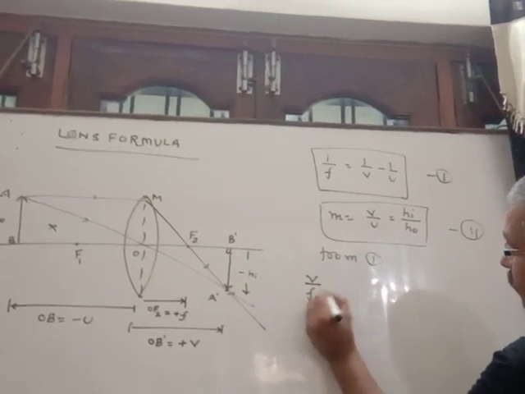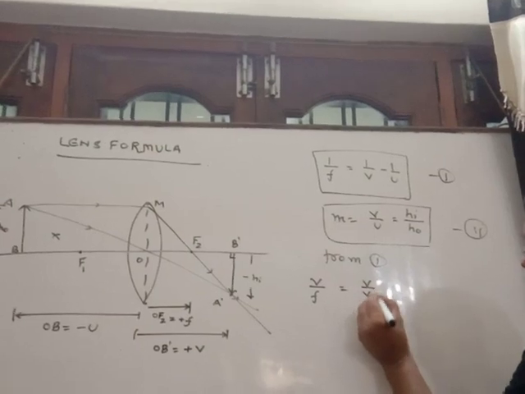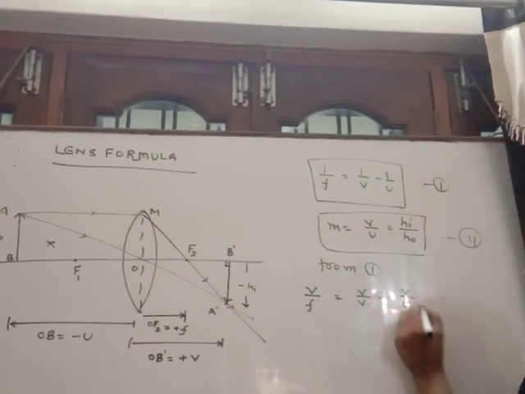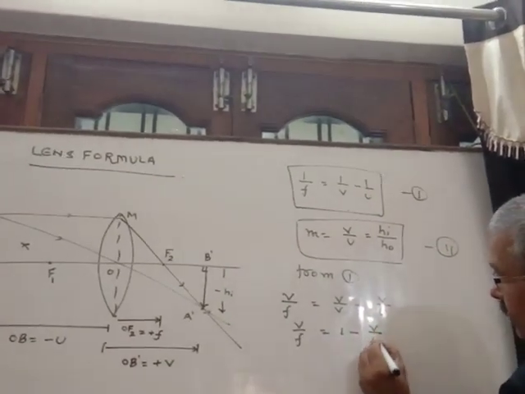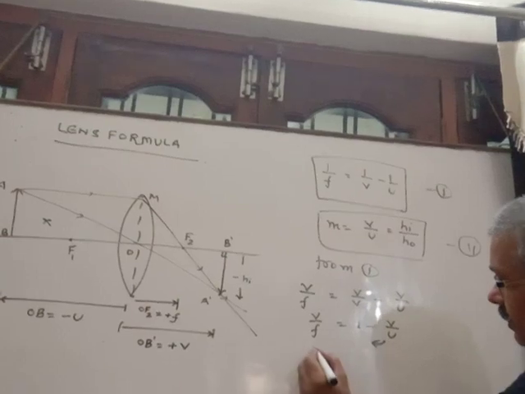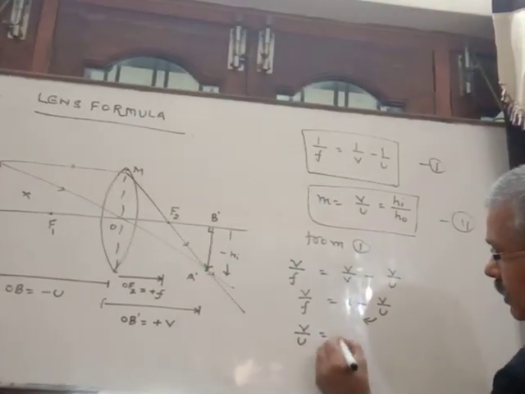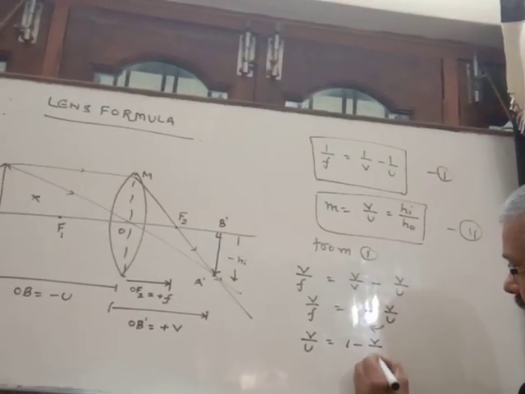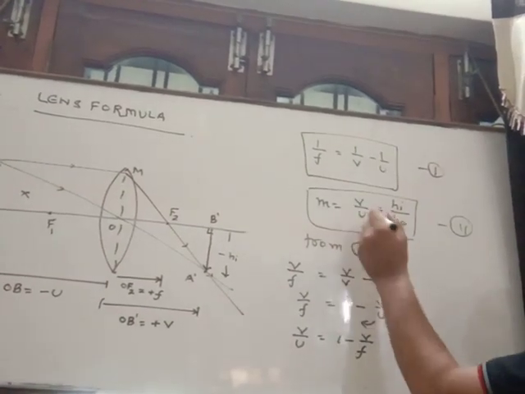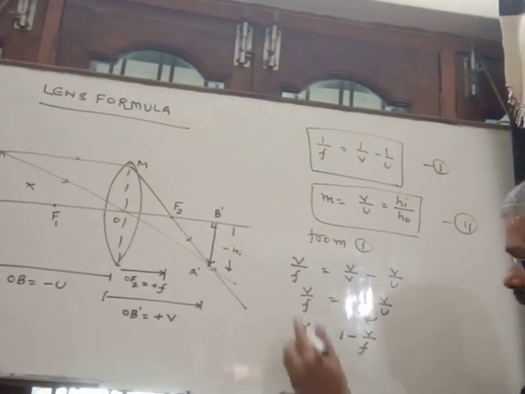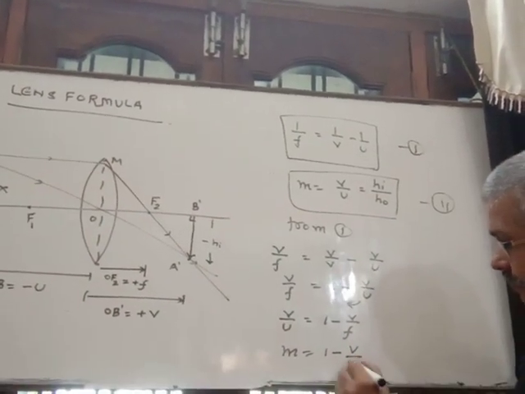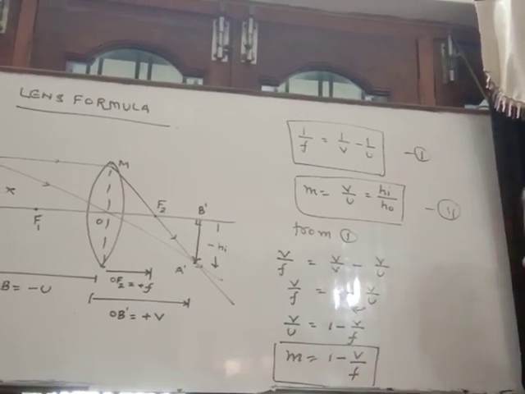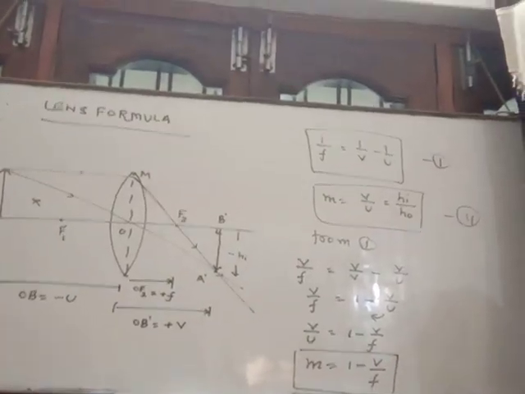V upon F is equal to V upon V minus V upon U. It is V by F is equal to 1 minus V by U. It may be written as V by U is equal to 1 minus V upon F. And see here, V by U is magnification. Instead of V by U, write magnification. M is equal to 1 minus V upon F. It is a relation between magnification, distance of image, and focal length.